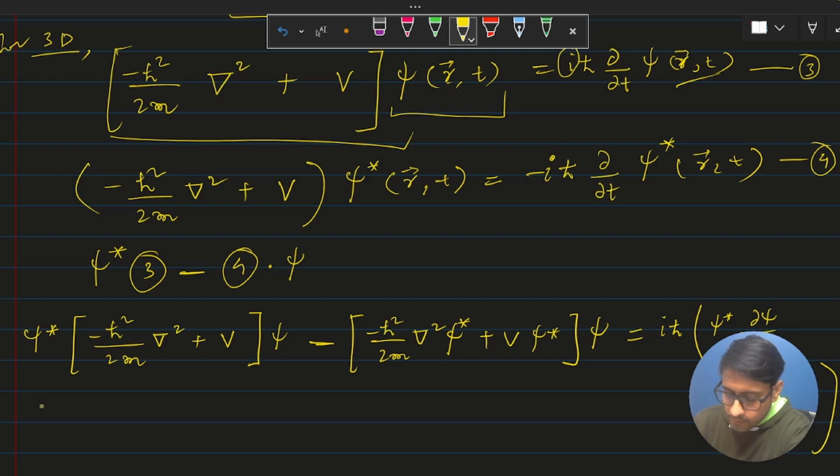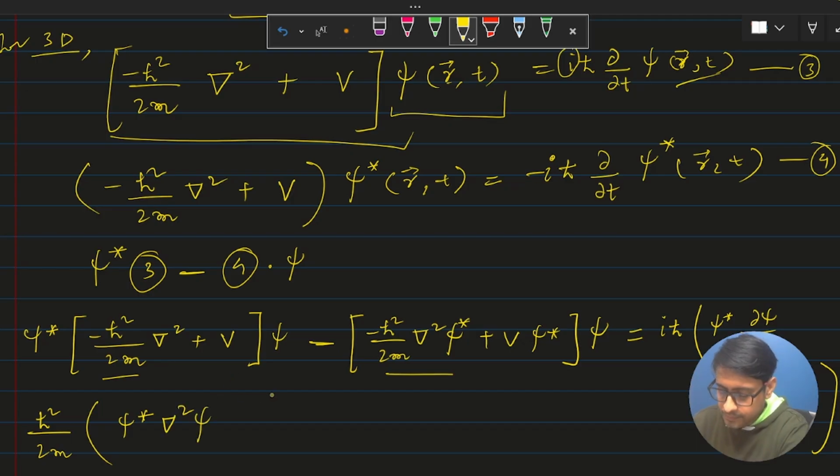Now for these two terms we can take out minus h bar square over 2m as common, then we have psi asterisk del 2 psi, and this minus minus adds up to give you del 2 psi asterisk multiplied by psi.